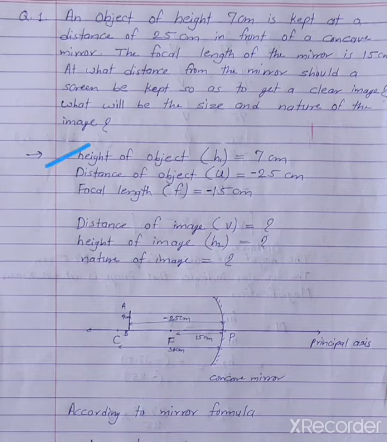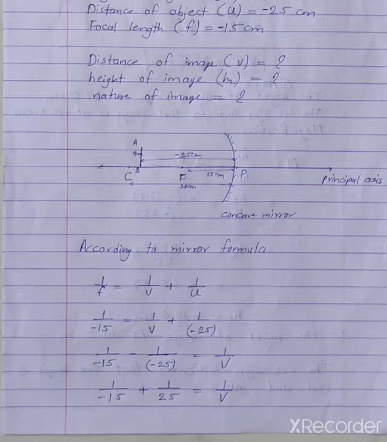Here the height of object is denoted by h1, which is equal to 7 centimeter. It is taken positive. Now the distance of object denoted by u is equal to 25 centimeter. But here in this diagram we can see the object is kept at left hand side of this principal axis.